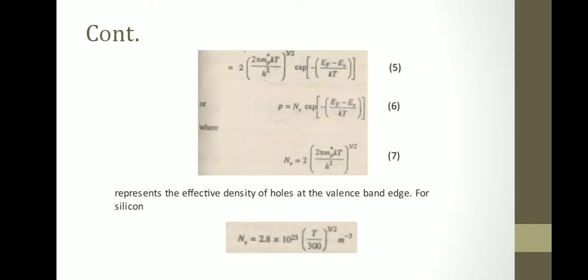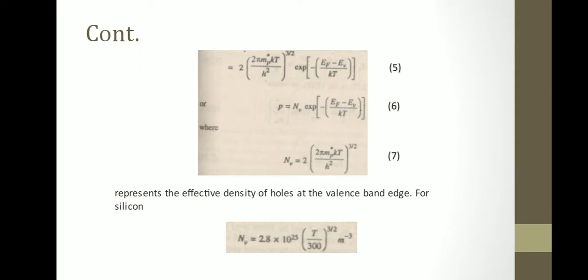Then we get p = (4π/h³)(2m_p*kT)^(3/2) exp((Ev − Ef)/kT)(π/4)^(1/2). So p = 2(2π m_p* kT/h²)^(3/2) exp(−(Ef − Ev)/kT), or p = Nv exp(−(Ef − Ev)/kT), where Nv = 2(2π m_p* kT/h²)^(3/2) represents the effective density of holes at the valence band edge.